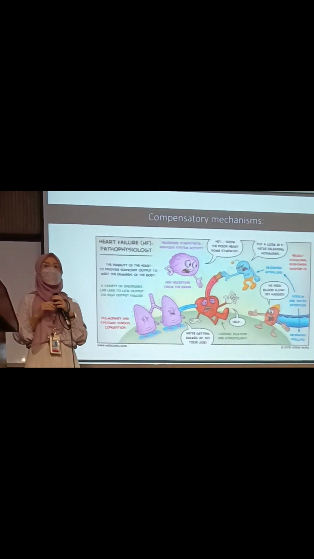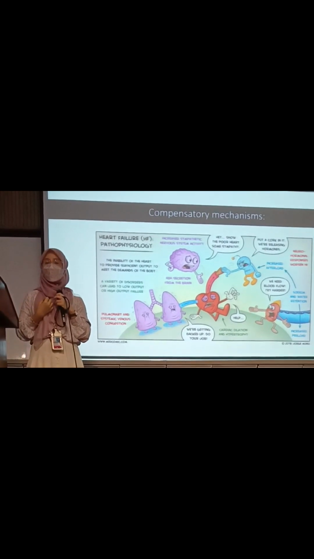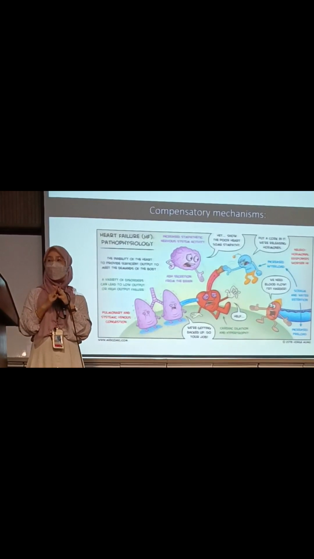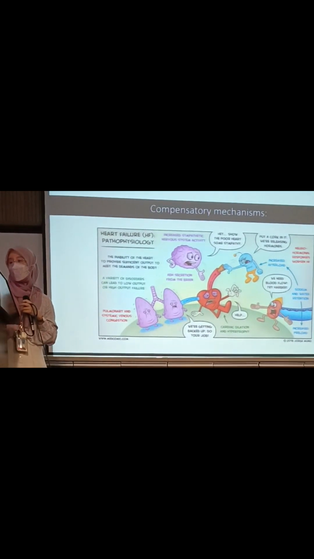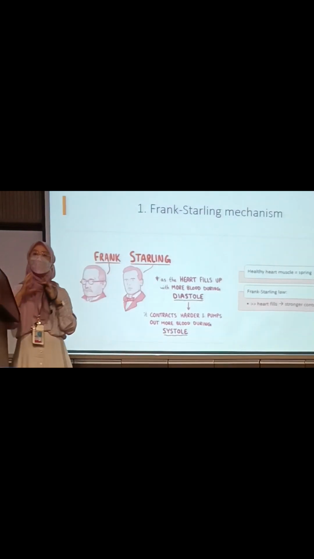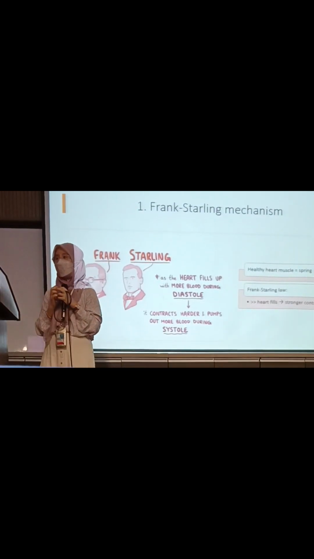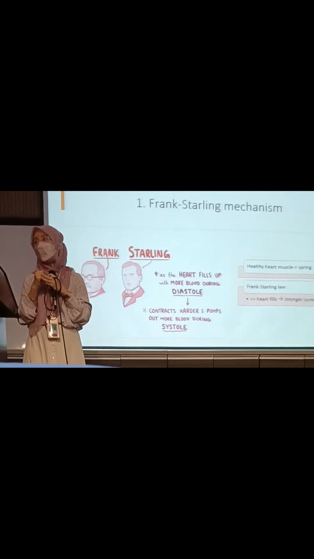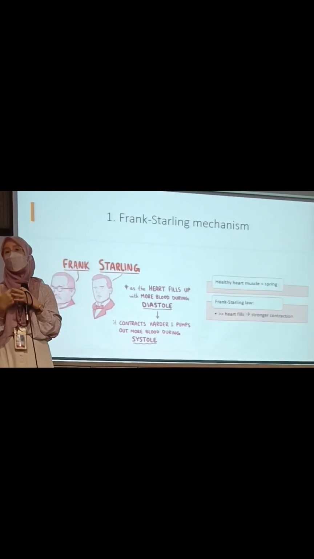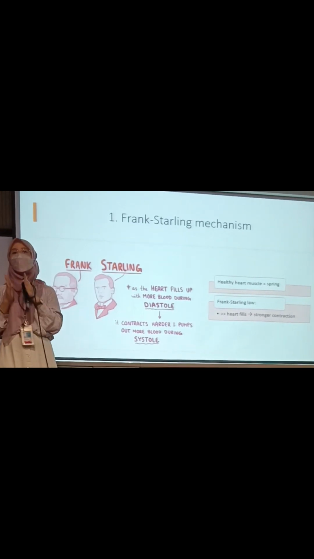So what will happen to our body? So body kita ni Allah dah cipta very beautiful. Kita akan try to compensate. So kita nak try juga maintain the cardiac output. So there are three mechanisms. The first mechanism is Frank-Starling law ataupun Frank-Starling mechanism. So apa yang Frank dan Starling bagi tahu?